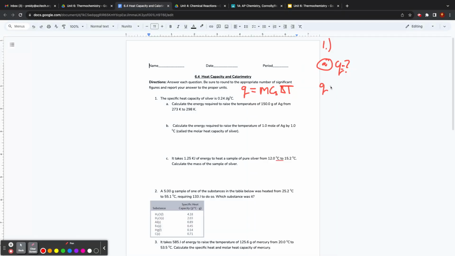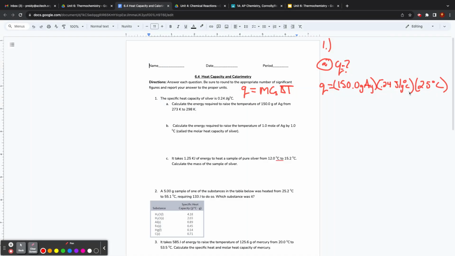Q equals, in this case, 150 grams of silver times the specific heat of silver, which is 0.24 joules per gram degree Celsius. And then our delta T is going to be 25 degrees Celsius.